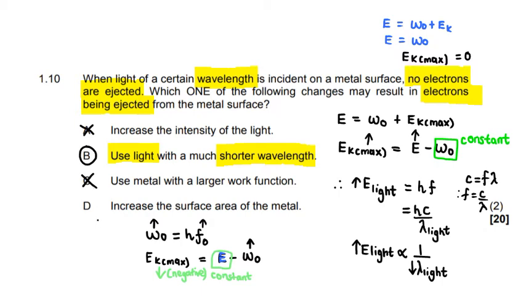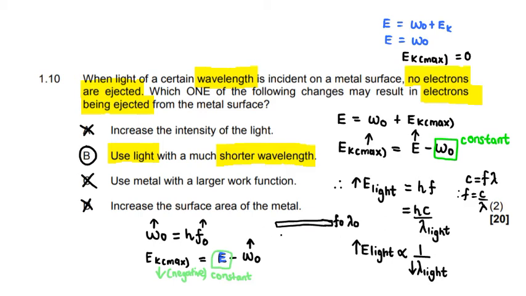And then, increase the surface area of the metal. Now that's just a dumb idea. This one is trying to say, if I was using a small little strip like that, it already has some sort of threshold frequency, or threshold wavelength.